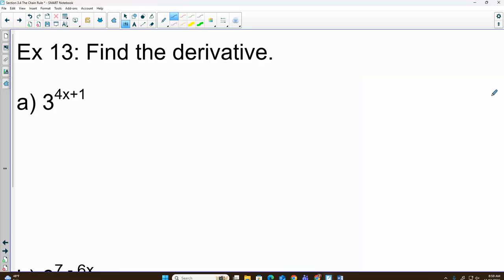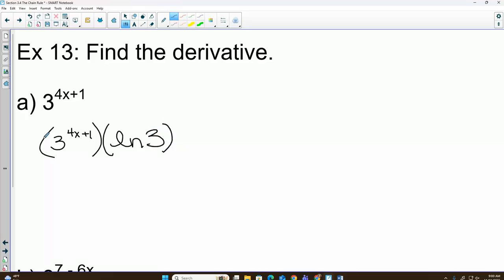So for instance, if I ask you to find this derivative, we have to do our chain rule here. We have the exponential piece, so it's still 3 to the power. Because my base isn't e, we need a natural log of 3.